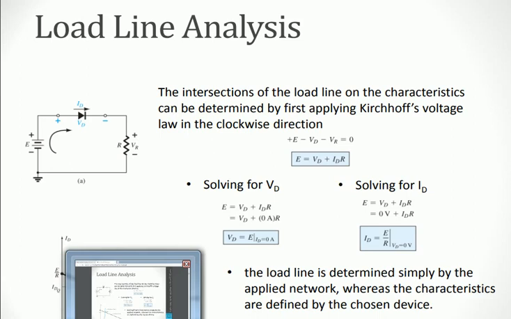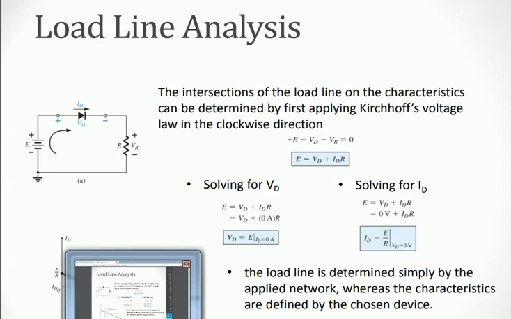So plus E, then the next polarities: plus E minus VD minus VR is equal to 0. From this equation, E is equal to VD plus IDR.